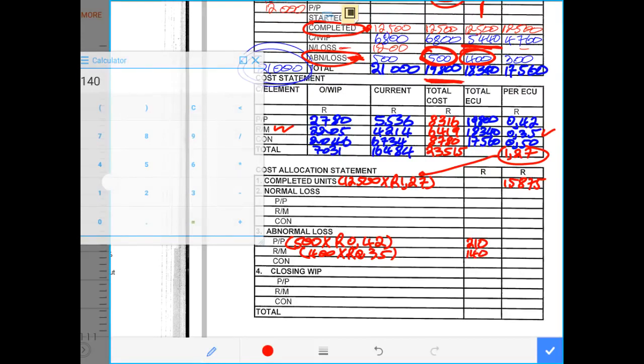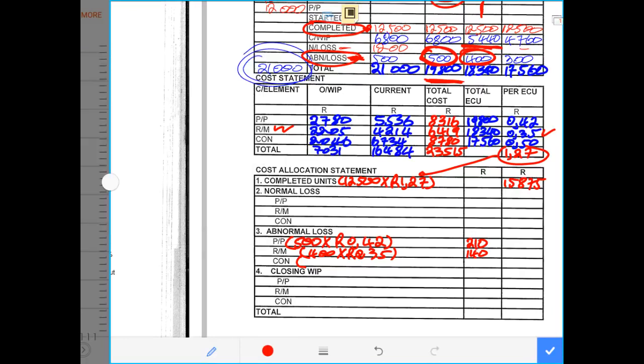Then we take the abnormal loss that was allocated to conversion cost, and it's only 300 of the abnormal loss. Here the abnormal loss cell, and under the conversion we had 300. Then we say 300 units of the abnormal loss under the conversion. We multiply by 0.50 cents, which is the conversion cost per unit.